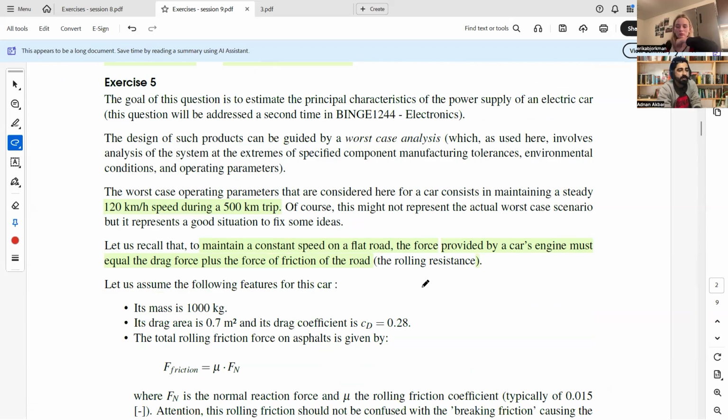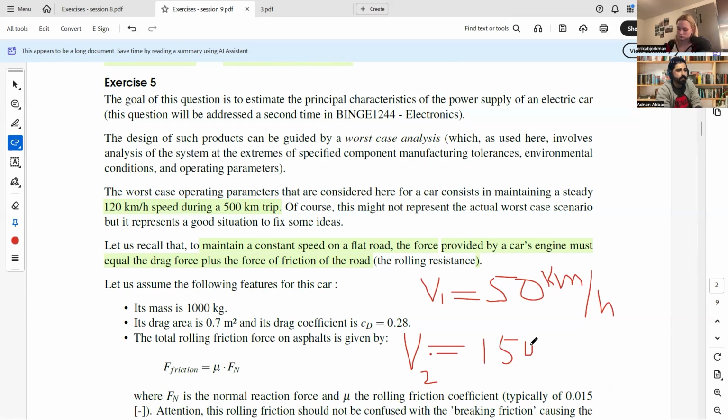Okay, here V1 is equal to 50 kilometer per hour, and we need to change it into meter per second. We will check at the end whether we need to convert it or not. V2 is equal to 150 kilometer per hour, where the first distance S1 is equal to 15 meter.